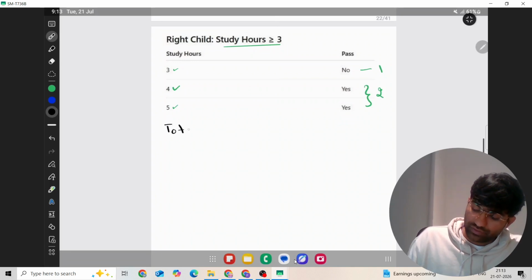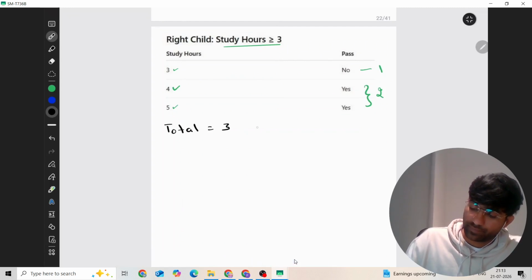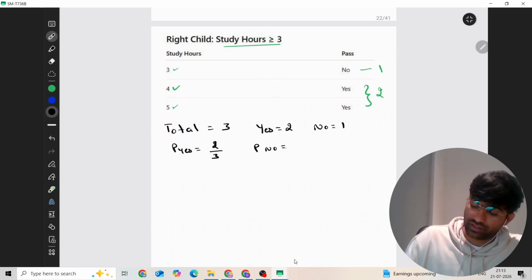So we calculate Gini impurity. The total are 3. Yes are 2. No is 1. So probability of yes will be 2 by 3. Probability of no will be 1 by 3.